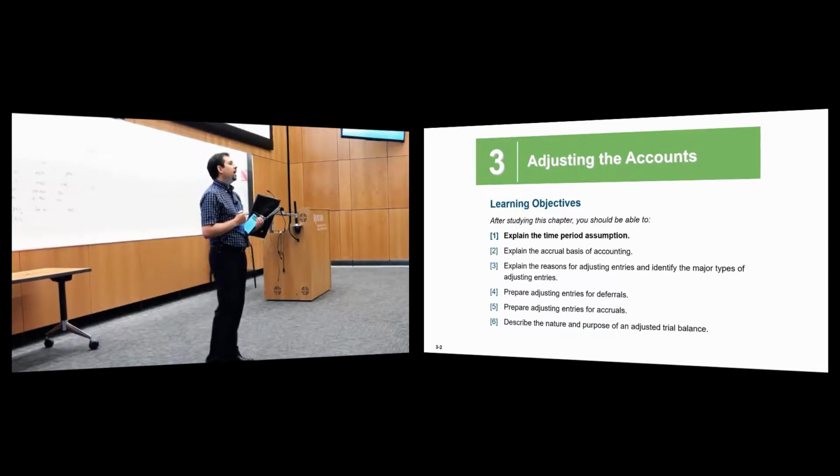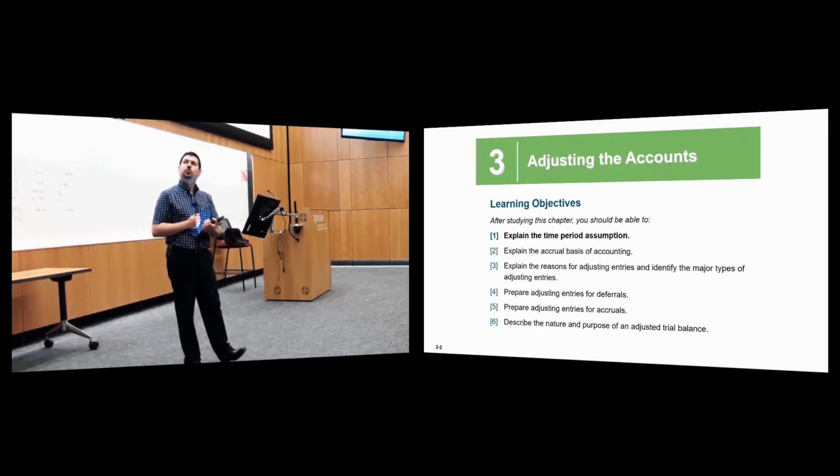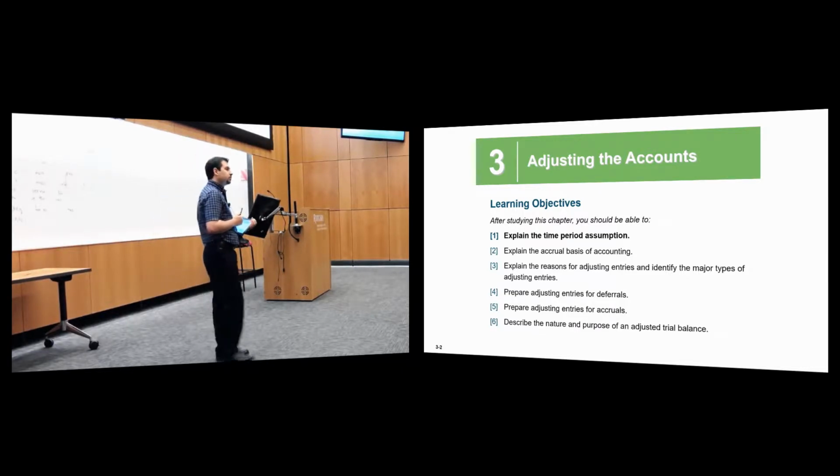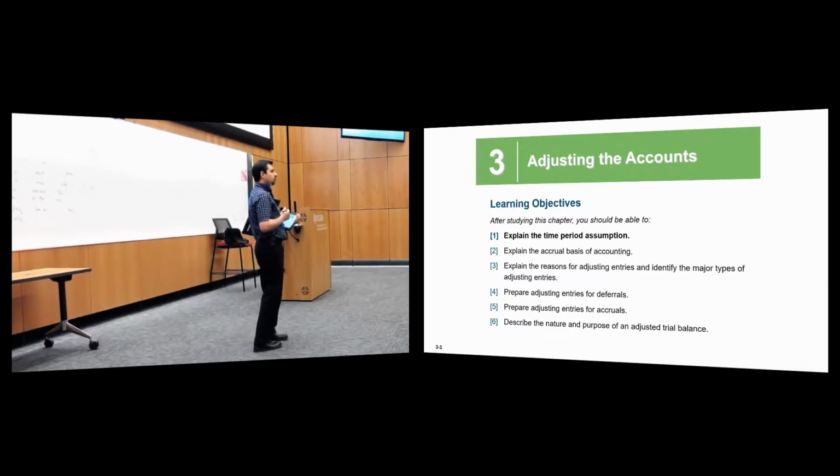What would the trial balance on September 30th show? $100, right? But what about the 20 pencils that we used this month? This is why it's important to do what we call adjusting entries. You see the issue here now.